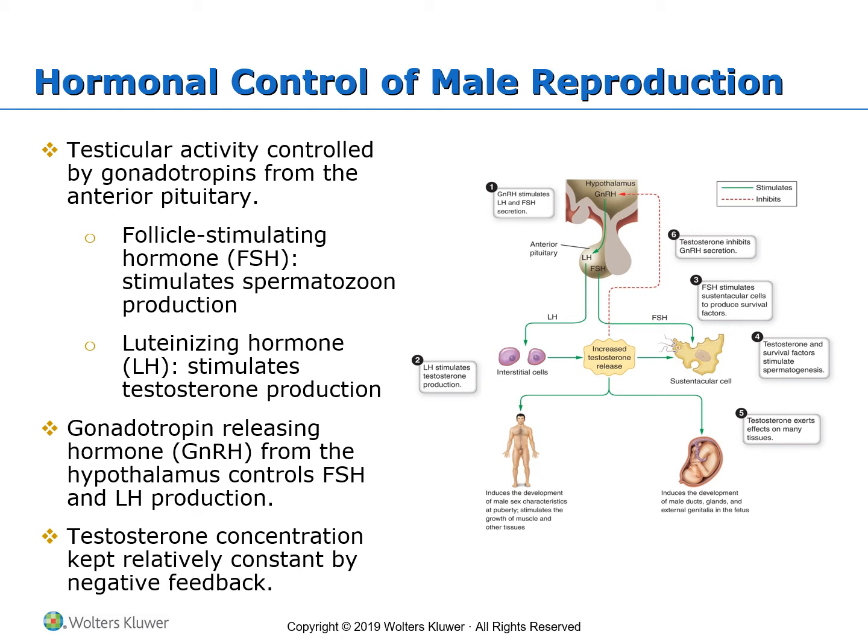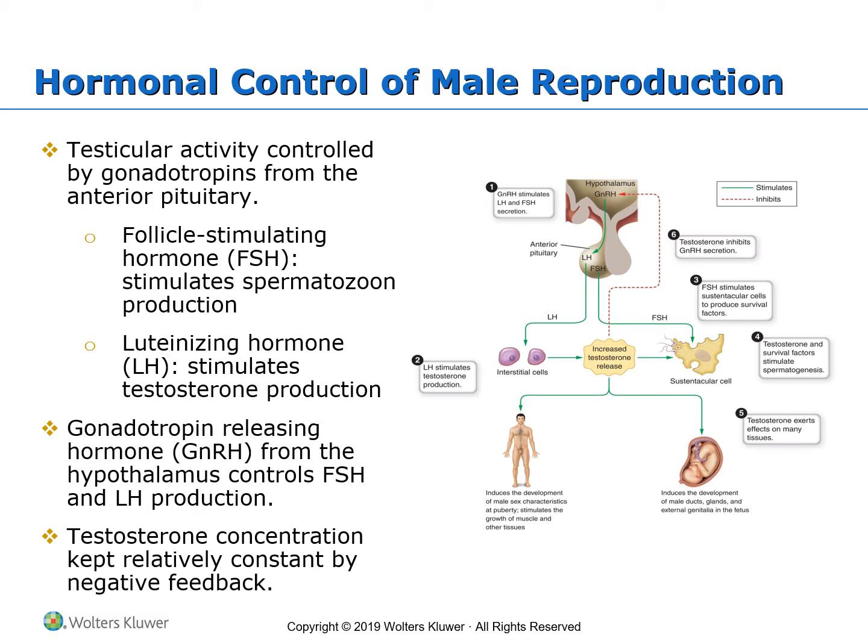Those protein hormones are named for their activity in the female reproduction that we'll describe a little bit later, but they are actually chemically identical in males and will have an almost similar type of action on the male reproductive system. They are called gonadotropins because they stimulate the gonads. They are follicle stimulating hormone, or FSH, which in males will stimulate the sustentacular cells to produce growth factors to promote formation of spermatozoa.